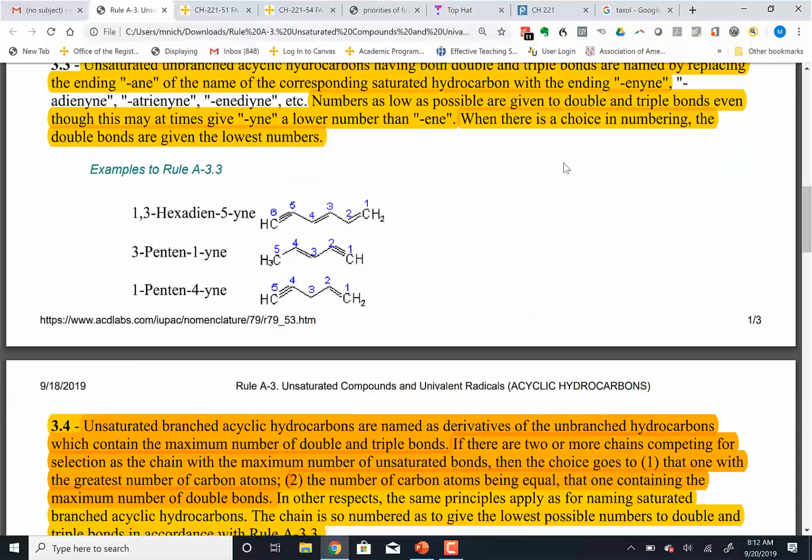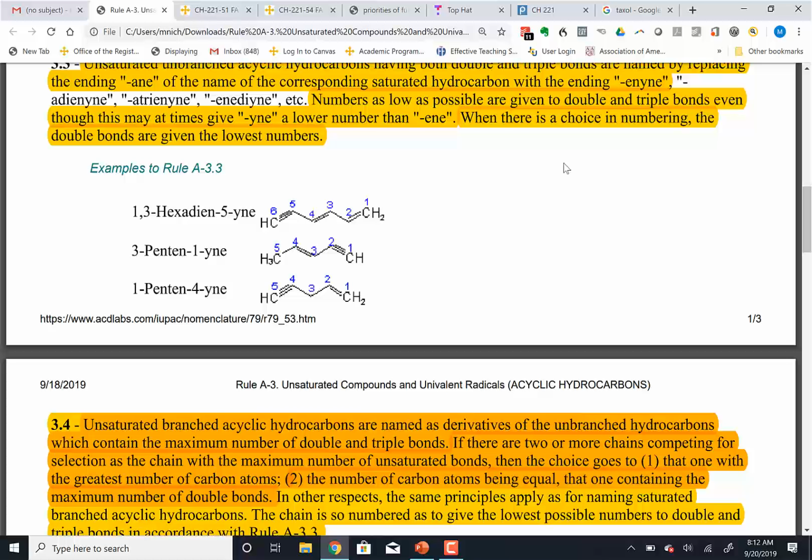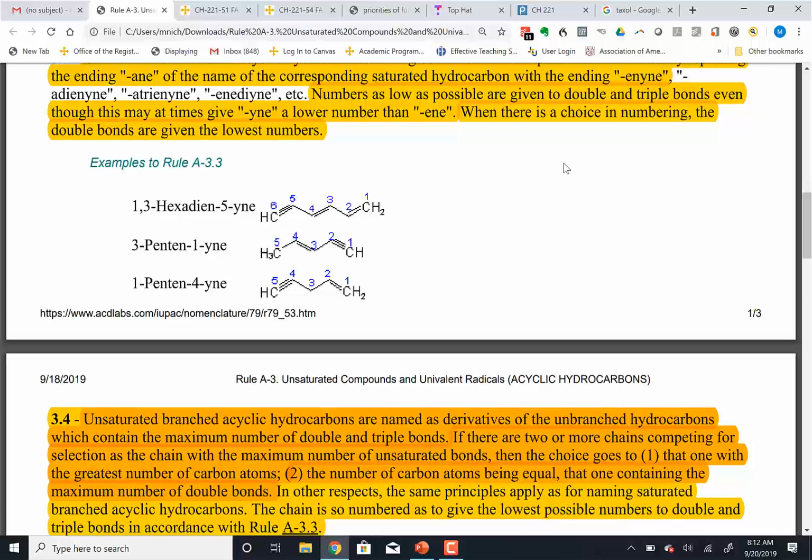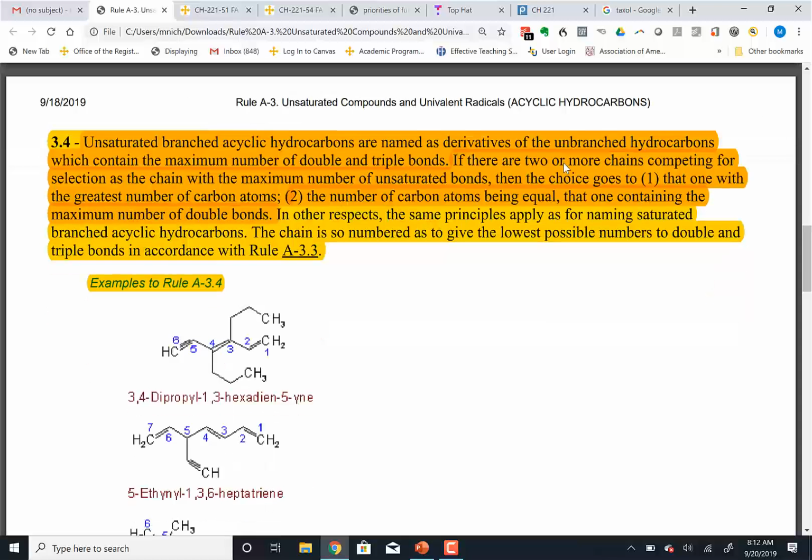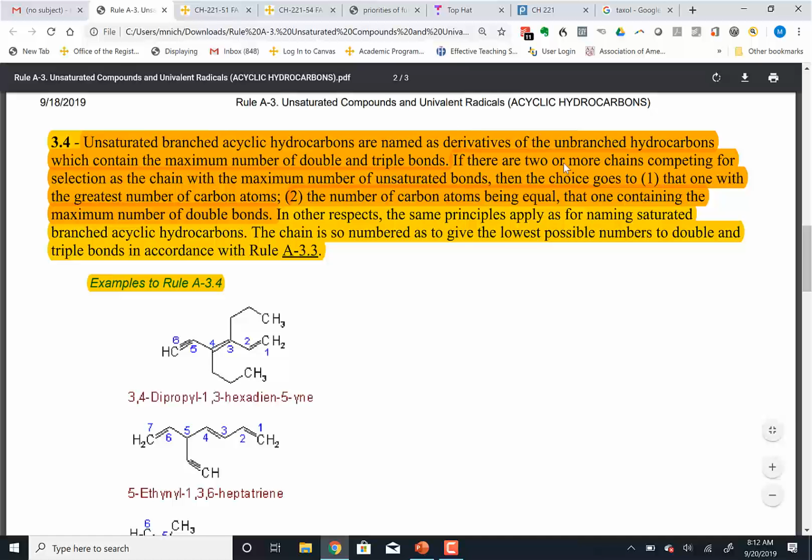Again, if you flip those around, that would be sort of a minor error. This is different, and anyway, they go through and talk about chains. You're trying to draw the longest chain that contains all of the functional groups.